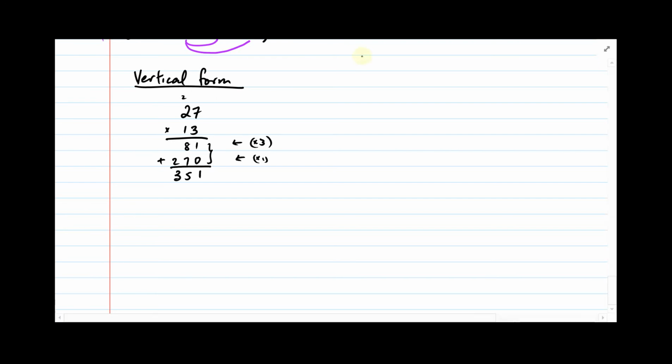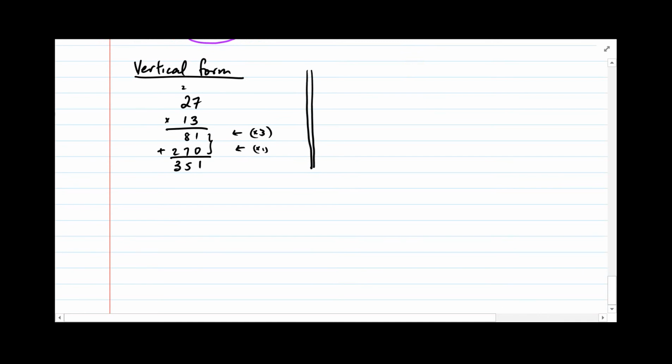Alright, now in the same way, I am going to look at multiplying these polynomials. So let's look at, say, x squared minus 3x plus 2, and I'm multiplying it by x minus 5.